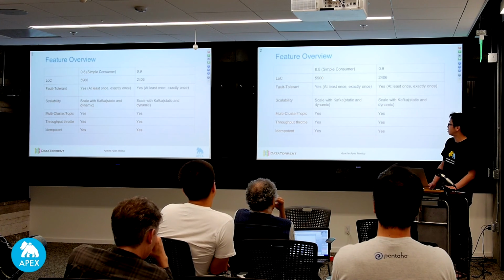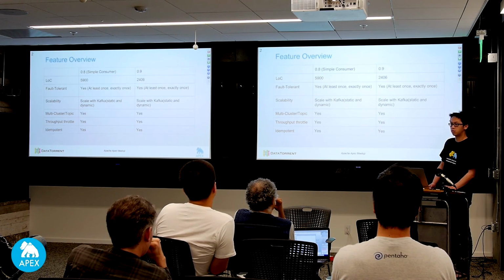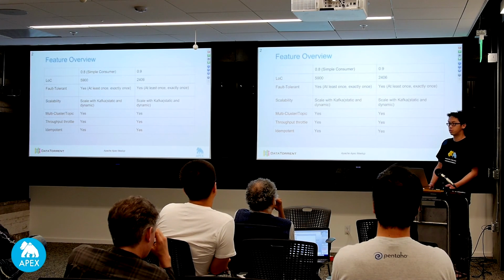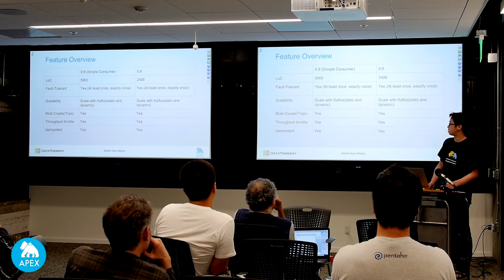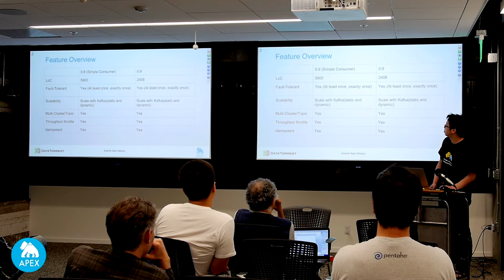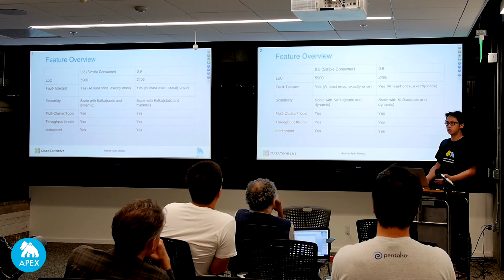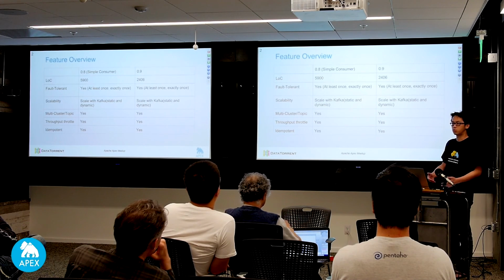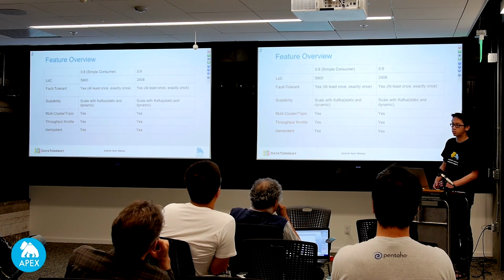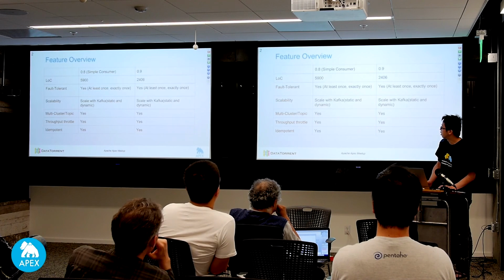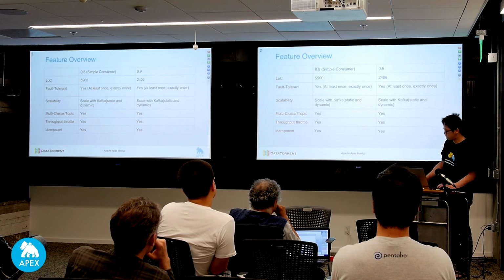It means you can set topics you want to consume from multiple clusters. And they both support throughput throttle. You can limit how many messages you want to consume per second, and also they are both idempotent.